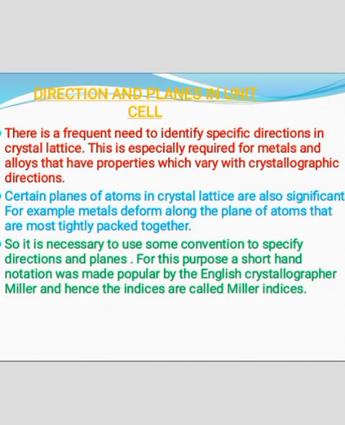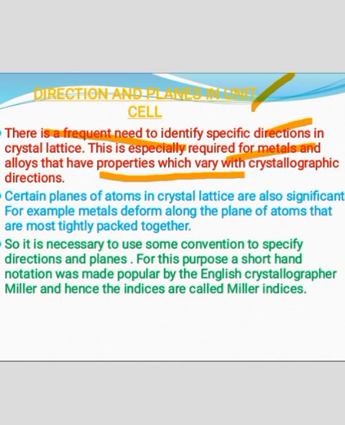Next, directions and planes in the unit cell. There is frequent need to identify a specific direction in a crystal lattice, especially for materials and alloys that have properties which vary with the crystallographic directions.